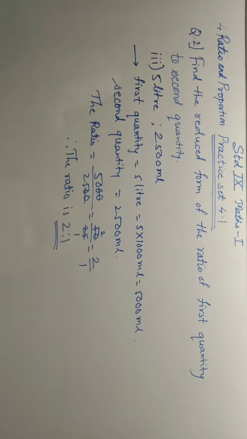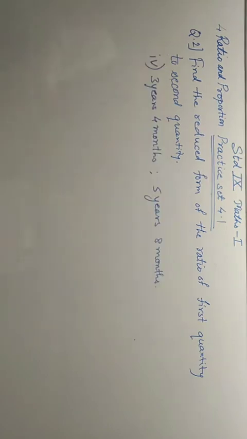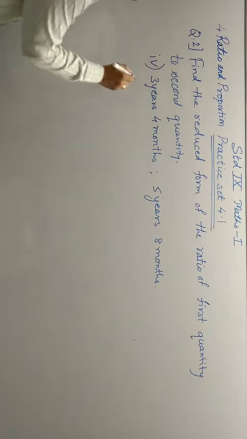Now I will start the fourth. In the fourth, 3 years 4 months is one quantity, and 5 years 8 months is the second quantity.